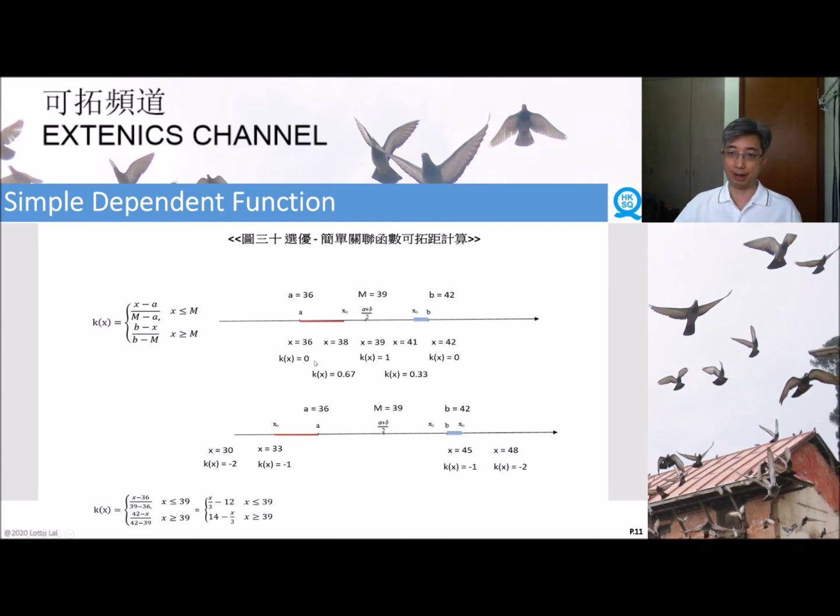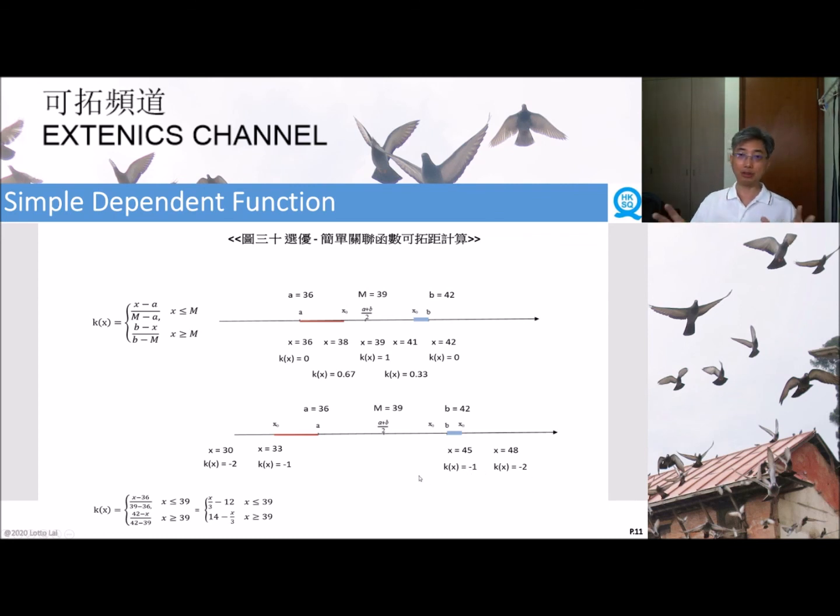You can find that if the course is designed exactly at the middle point, the K value is at the top, which is 1, and then it reduces. At the boundary, K is equal to 0. However, if you are out of the range, the dependent function shows a negative value for the quantity, for example -1, -2.